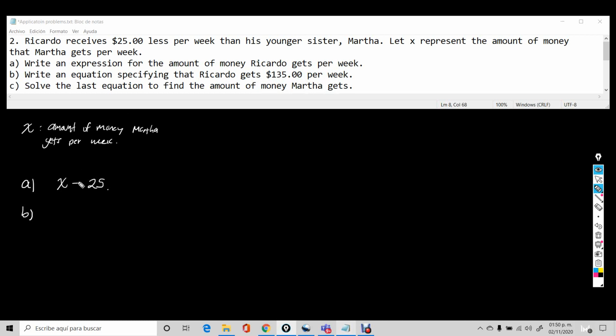So basically, what is this expression? It's the amount of money Ricardo gets per week. So basically, all I need to do to solve B is establish this equation. All of this expression will be equal to 135.